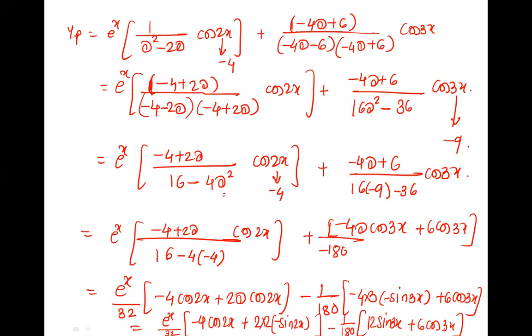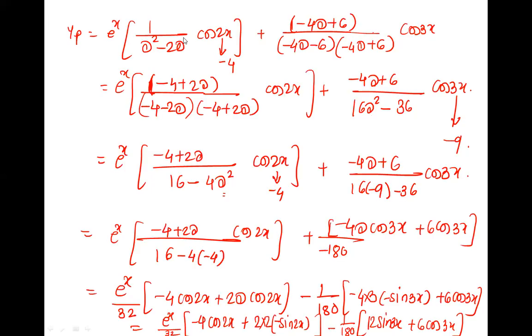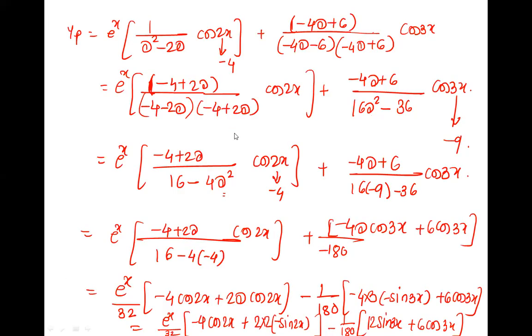Okay, just open and solve. If you open this, or just 4 is out from both the terms, it is 8. So e raised to x by 8 into minus sign you can also take out. So minus with minus sign it is out. What remained then? 4 is out, minus is out, cos 2x plus sine 2x.